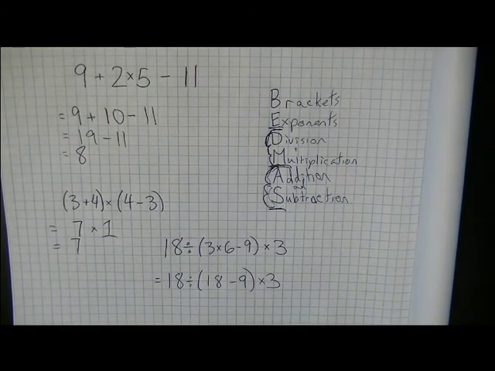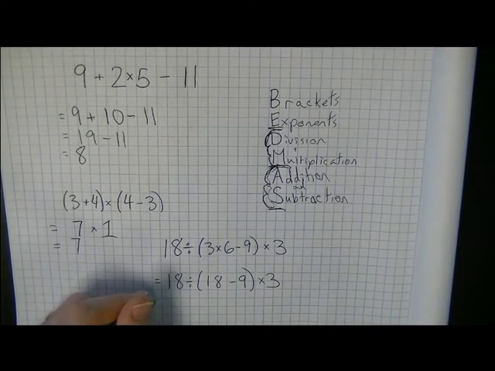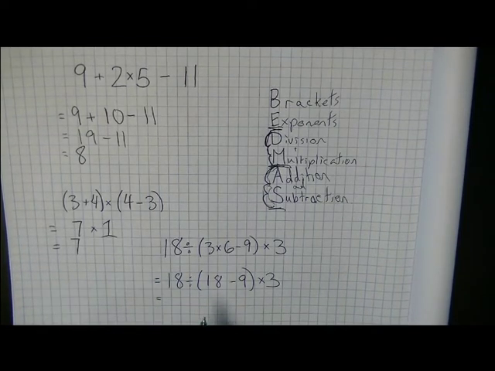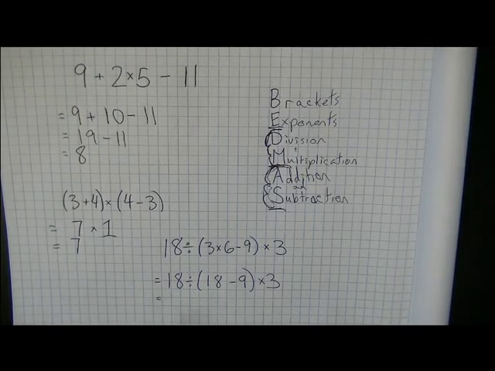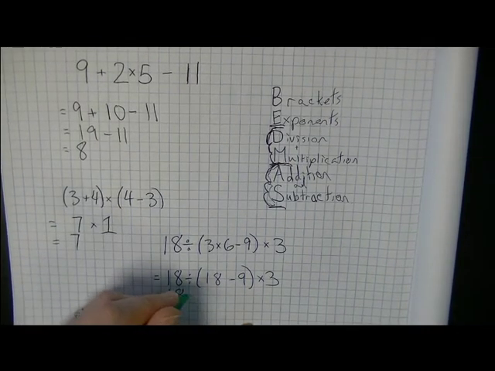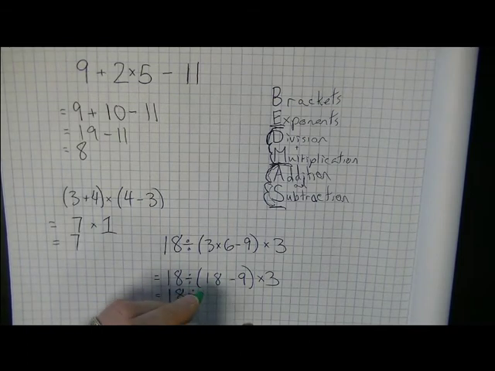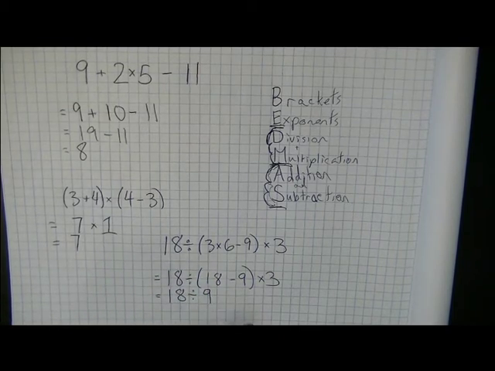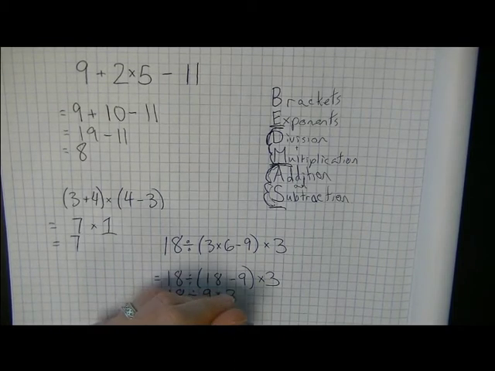Okay, so there's my next line. Okay, so now the brackets aren't done. Need to keep working on this bracket. So I have 18 divided by, okay, what's in this bracket now? 18 minus 9 is 9. So it's by itself, so I can leave it like that. 18 divided by 9 and then times 3.